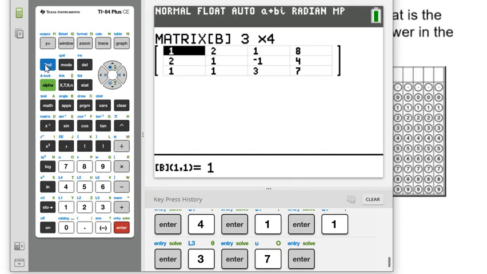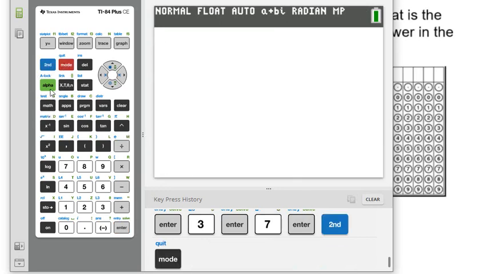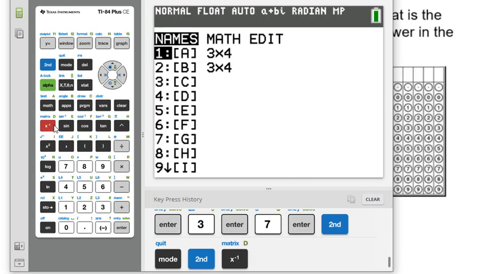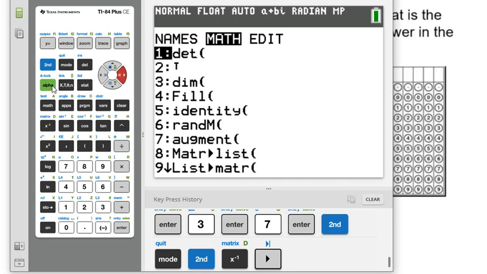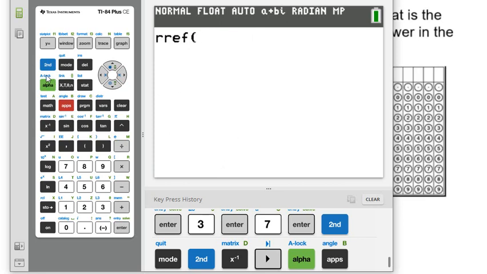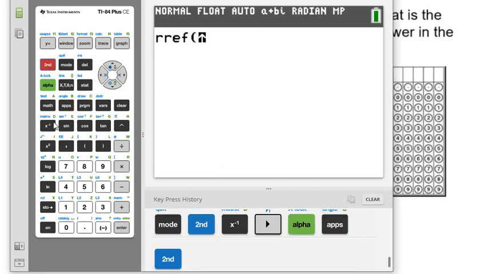I'm going to go ahead and quit here, and I'm going to go to second matrix, and go down to math. I'm going to press alpha B, and here I have to be careful because I can't just put second matrix enter.